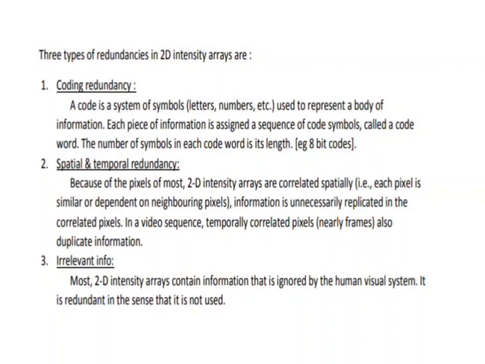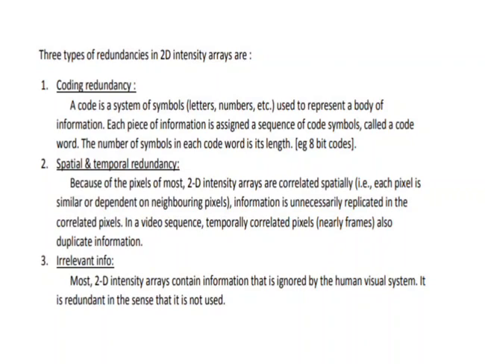When it comes to compact image representation, however, these formats are far from optimal. Two-dimensional intensity arrays suffer from three principal types of data redundancy that can be identified and exploited. That is, the three types of redundancy in 2D intensity arrays are coding redundancy, spatial and temporal redundancy, and irrelevant information. We discuss them one by one in detail.